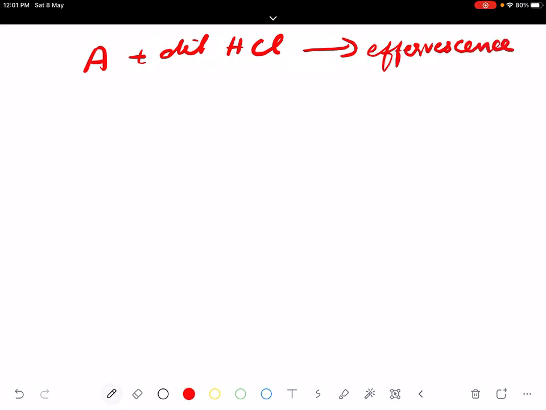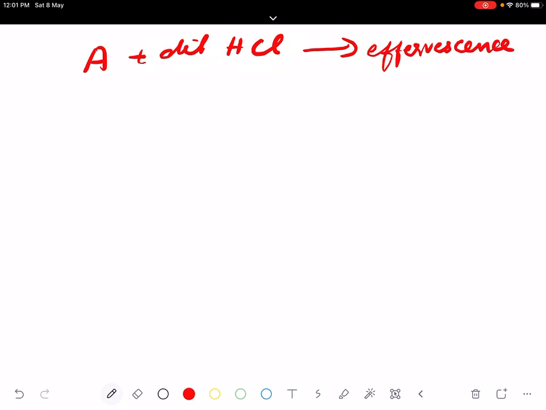Effervescence, I told you, when you open a Pepsi bottle or Coca Cola bottle or like that soft drink bottle, carbon dioxide rushes out, and we call that rushing out as effervescence. So many bubbles will be coming through this solution. We call that brisk effervescence.